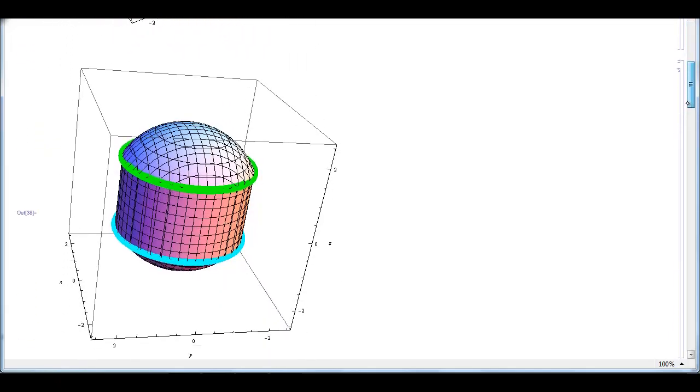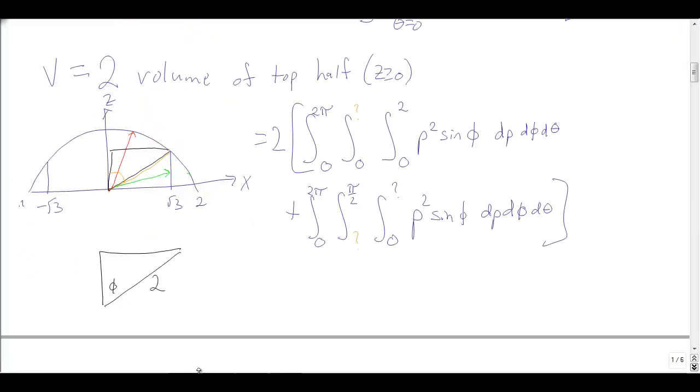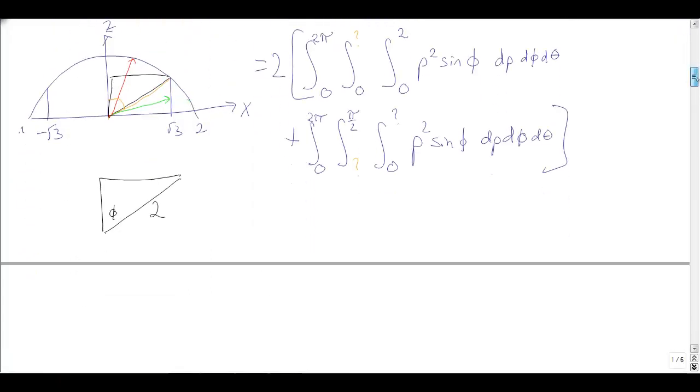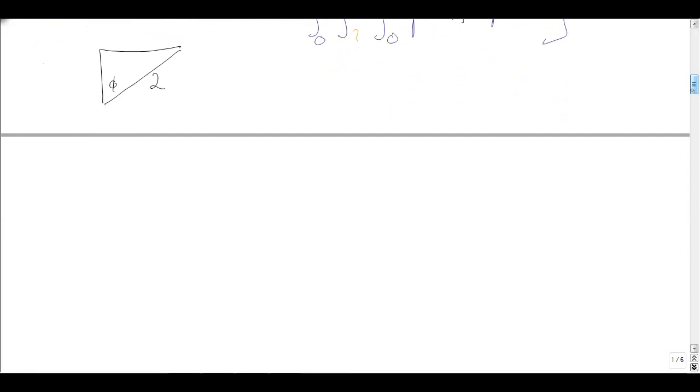So the green, here, what we can do is say that green has to satisfy both the sphere equation, x squared plus y squared plus z squared equals 4, radius 2, and it has to satisfy the cylinder equation, which is x squared plus y squared equals 3.